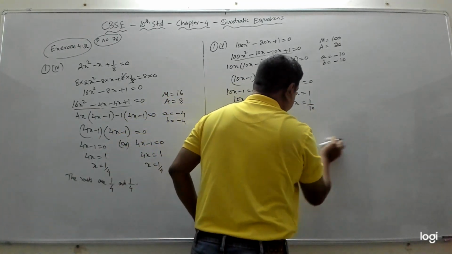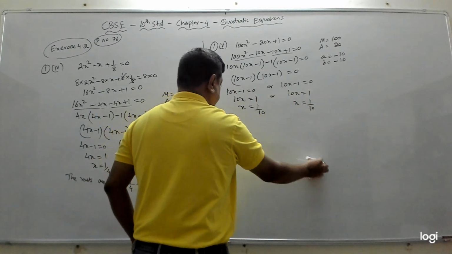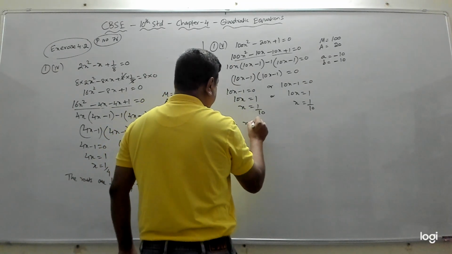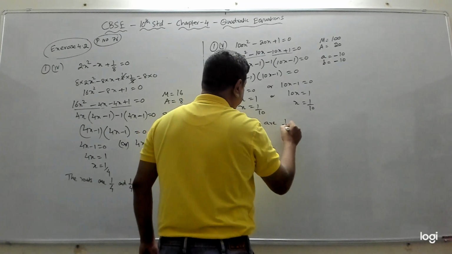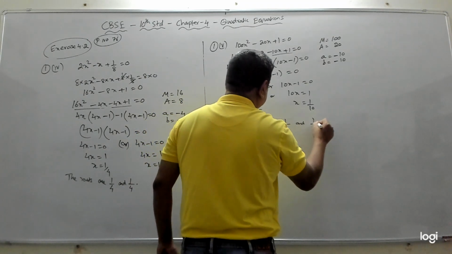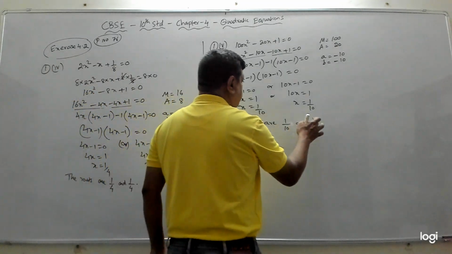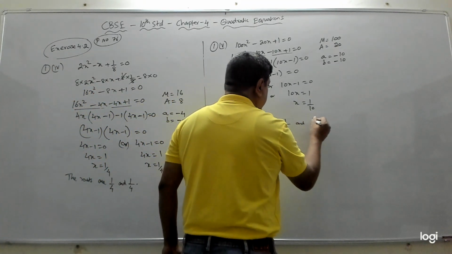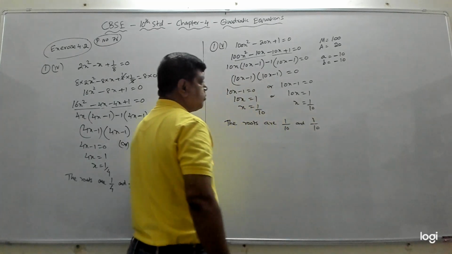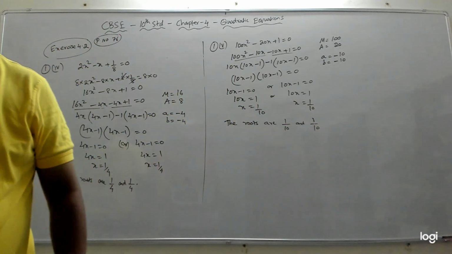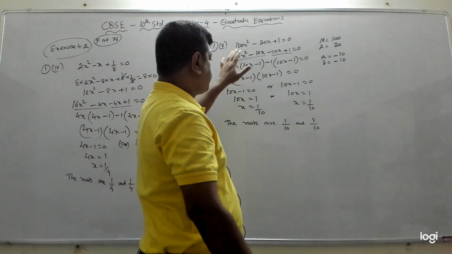So the roots are 1 by 10 and 1 by 10. Clear? So these are the two roots of this quadratic equation.